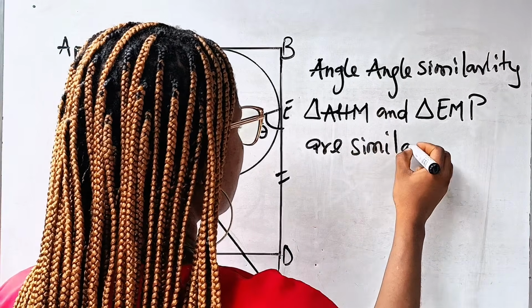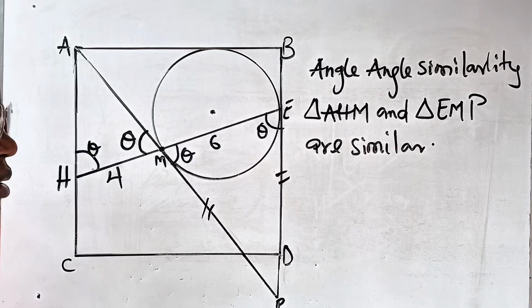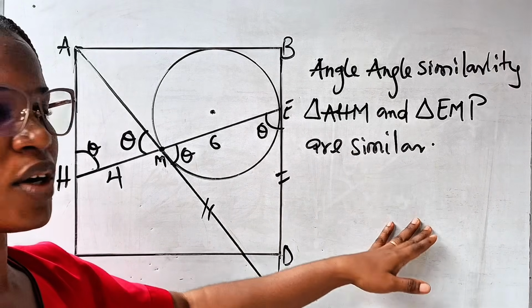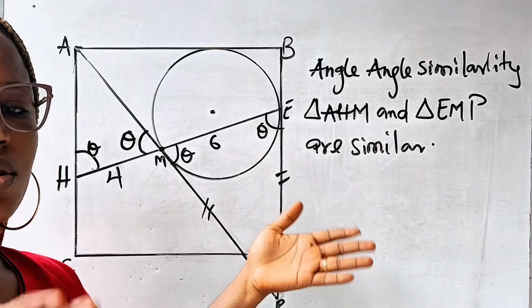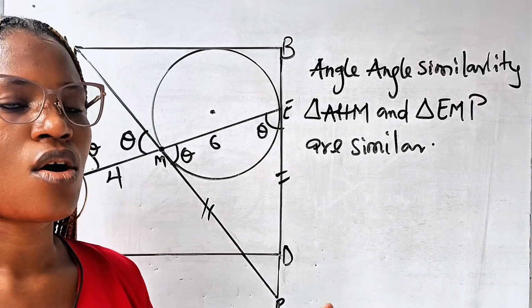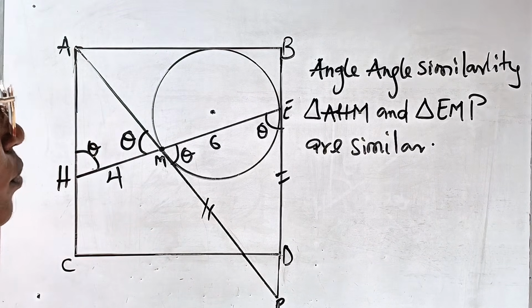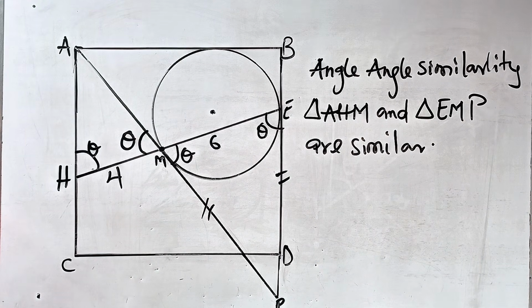They are similar. And remember that the ratio of corresponding sides of similar triangles are equal.